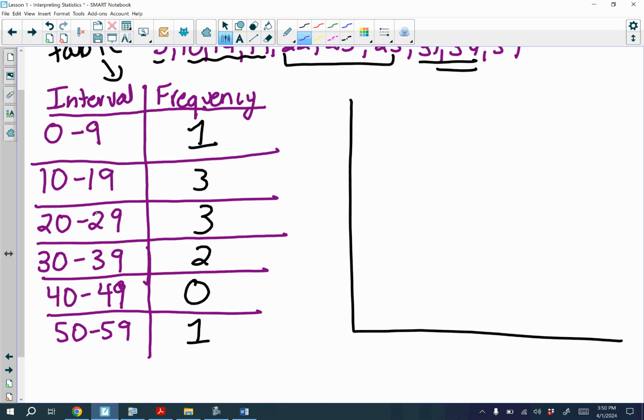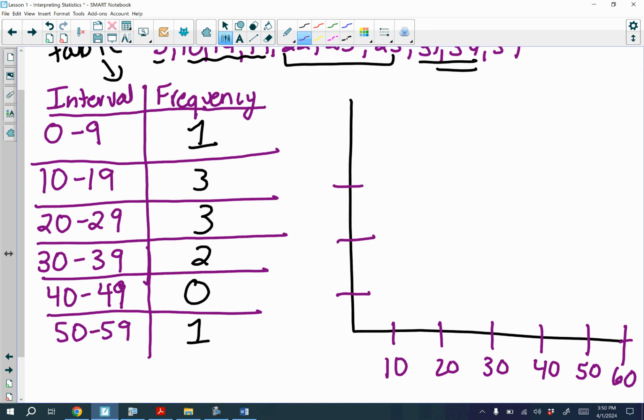And then as stated, I went by tens. So I'm going to go 10, 20, 30, 40, 50, and I do the last one of 60. And then my highest frequency is 3, so we can just do 1, 2, 3. We can do a fourth one if we want to.